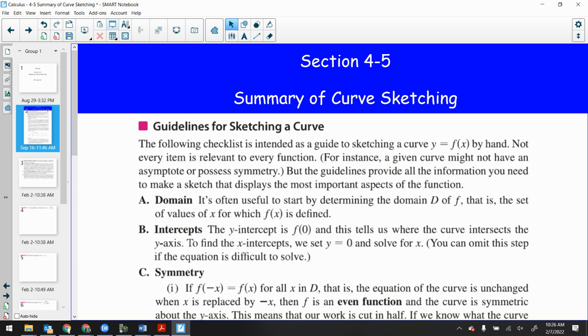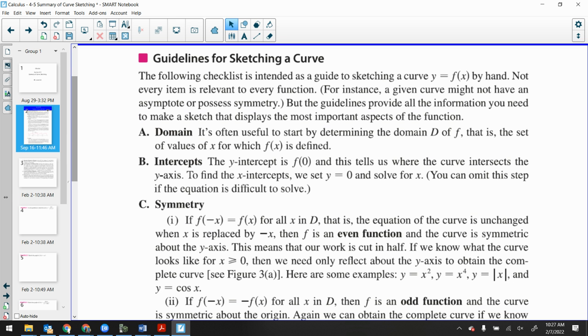That's why the homework to this section, there's not a lot of problems. But each problem has a lot of work to go along with it. All right. So now, it would be a very good idea that you write down these guidelines for sketching curves.